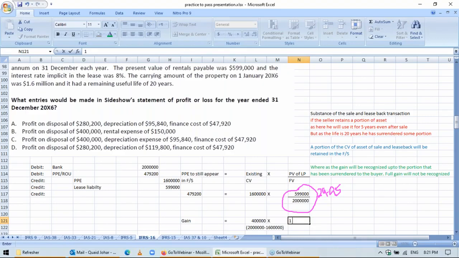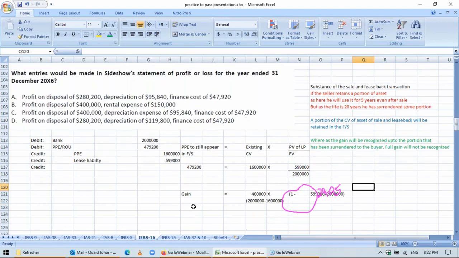So the retained portion is 1 minus 599,000 divided by 2 million. So I've deducted 29.95% from the 100%. If you deduct 29.95 from the 100% amount, you will get the gain that will be recognized.